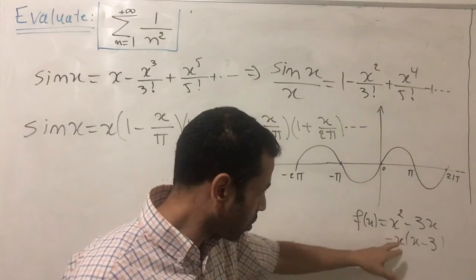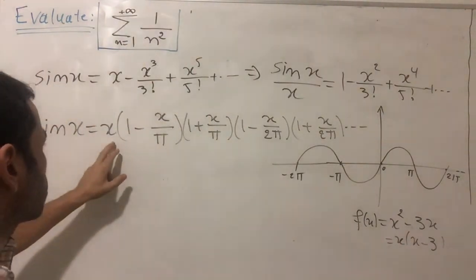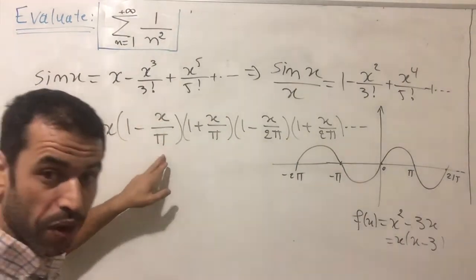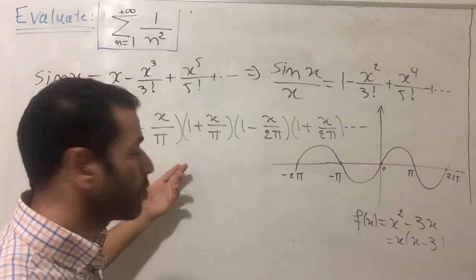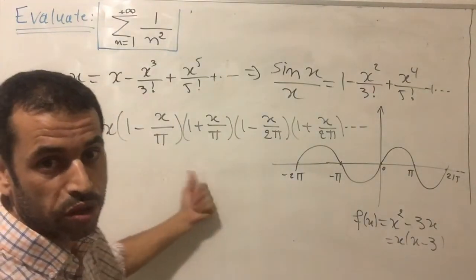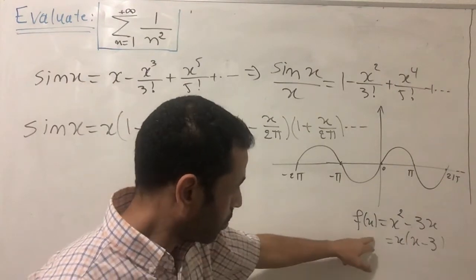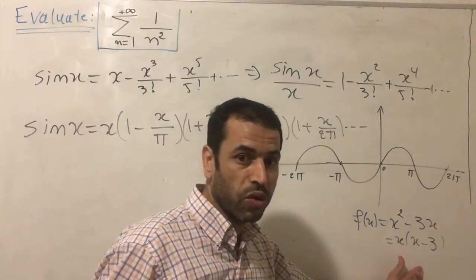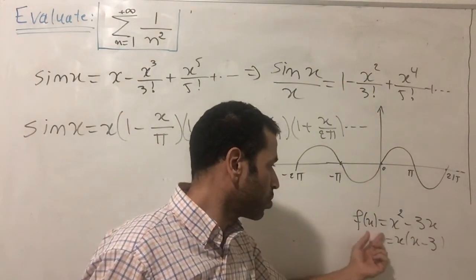Because this one is written as x multiplied by x minus 3. This is written as 1 minus x over pi multiplied by 1 plus x over pi. A lot of people are asking why this one is written in this form. Because this one, when you plug number 0, is giving you 0 because 0 is a root of this one. 3 is a root of this one because you plug 3 into this function, it gives you 0.